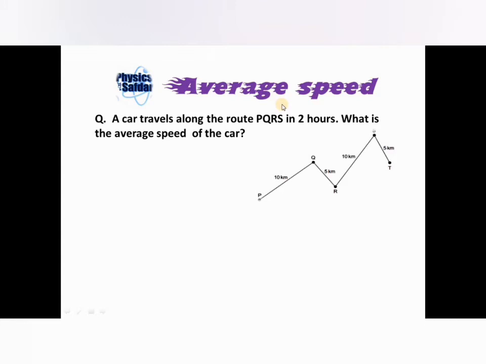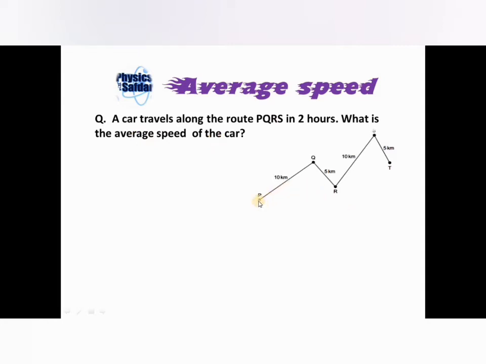Now this question will help you to understand the concept of average speed. So let's start the question. A car travels along the route PQRS in 2 hours. What is the average speed of the car? Look at the journey.